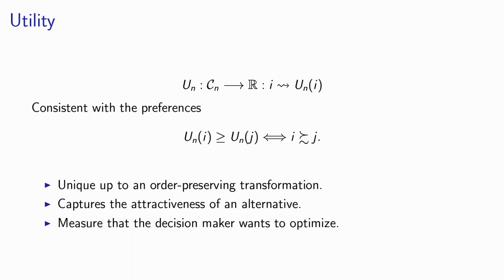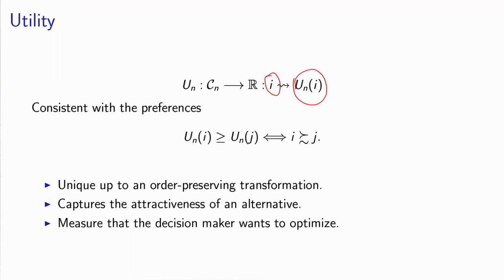The interesting thing is that if you use these assumptions, it can be shown that there exists a mathematical function called the utility function that associates each alternative i in the choice set with a score, a value of the utility that we denote by U_i.